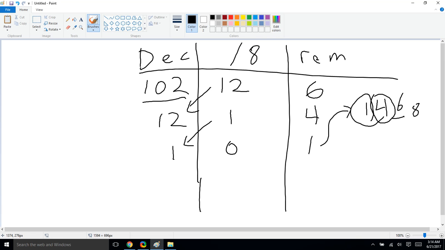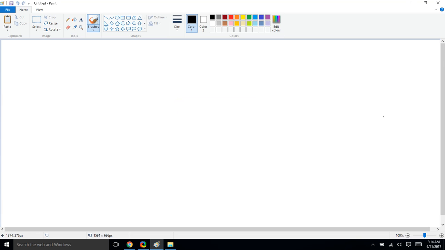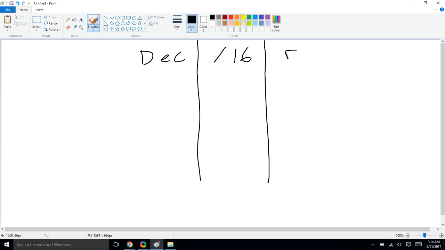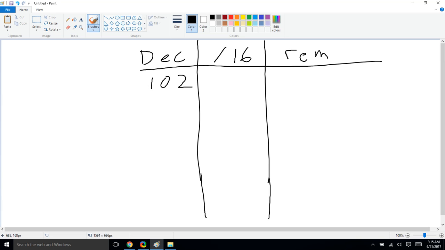Okay, now we can do the same thing to convert from decimal to base 16. So now instead of 8s, we're going to do 16. We'll go ahead and do the 102, the same number. Okay, 102 divided by 16. We get the same remainder, it's 6. So 96 is 6 times 16.